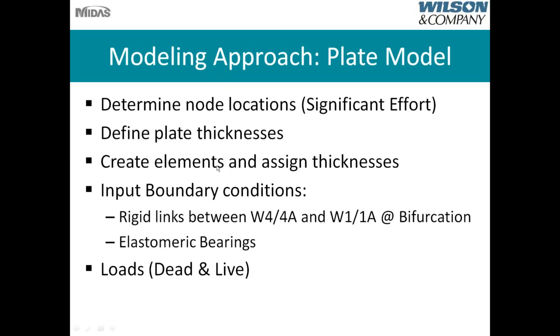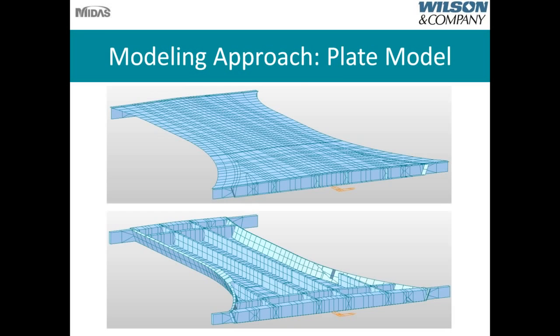Then the elements needed to be created and the thicknesses assigned appropriately. Next step was to input the boundary conditions. So rigid links were placed between web W4 and 4A. So again, at the bifurcations, they're rigid links. And then the elastomeric bearings were modeled using point springs. Next, the loads were put in, dead loads and live loads.